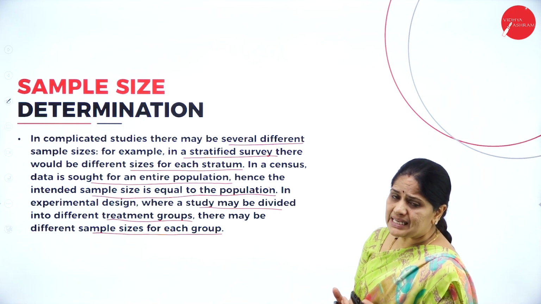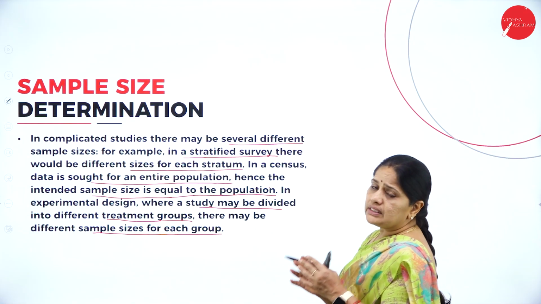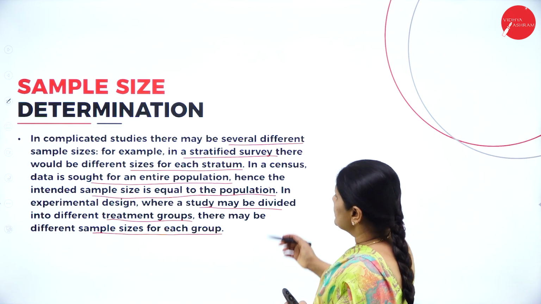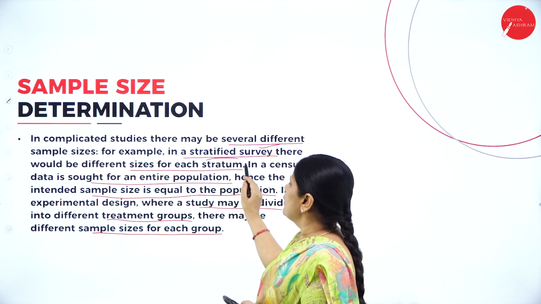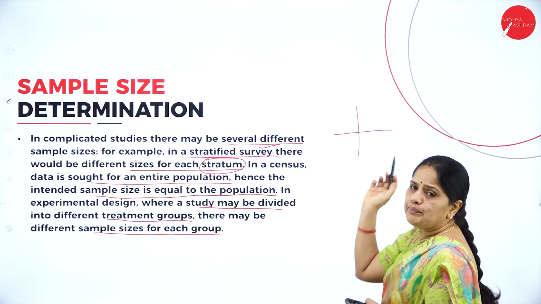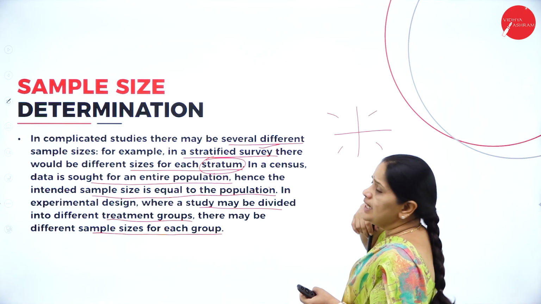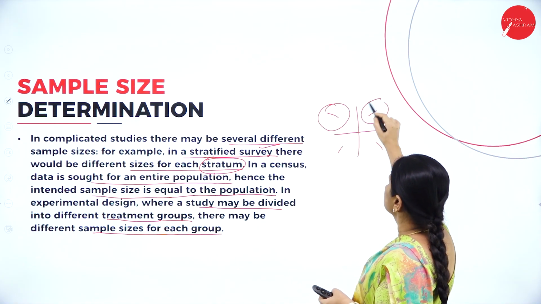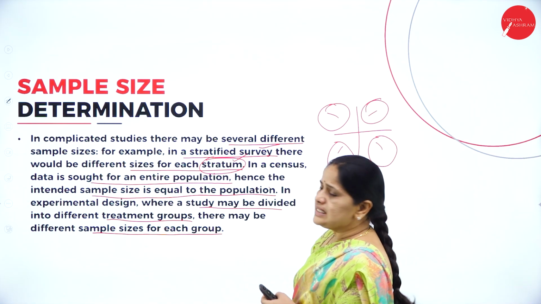If it is a complex study that you are undertaking in the research, then the sample sizes will be based on different factors. What is a stratified survey? You divide the entire population into a number of groups, and from each group you have a representation. From each group you also decide the number of people you have to select. That is what we mean by stratum.